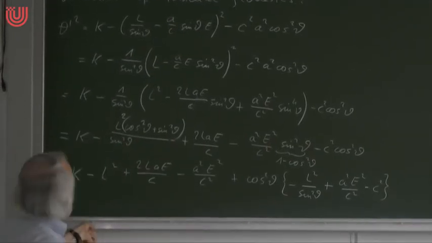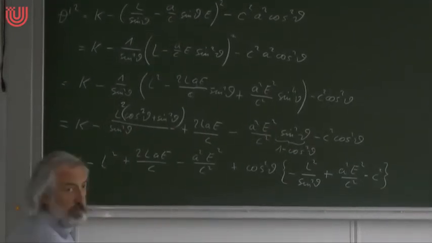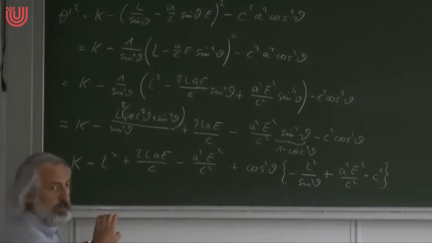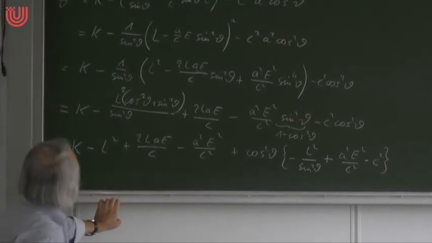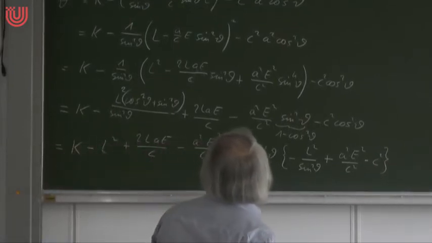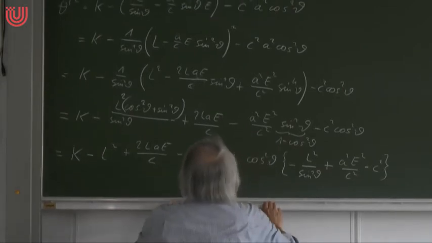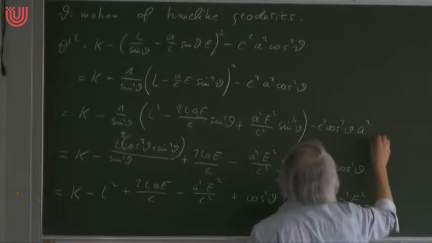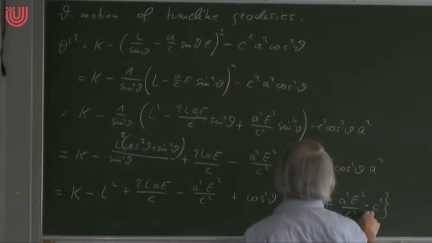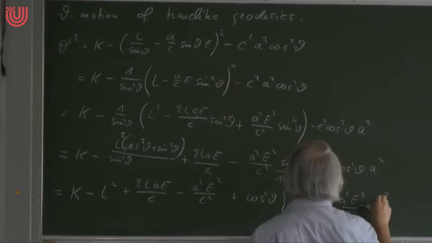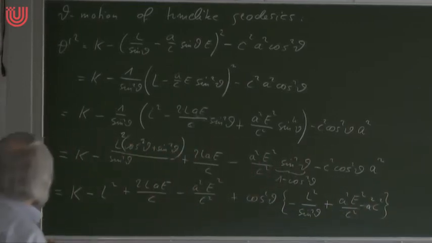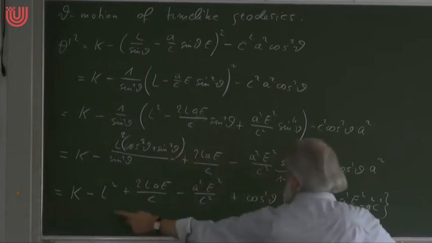And this is again a square, right? Anything wrong? I maybe forgot an A squared in the last term, C squared A squared. Yes, thank you. There's an A squared missing. Where was it? Here, right? Okay, that's it. And this is a square here.